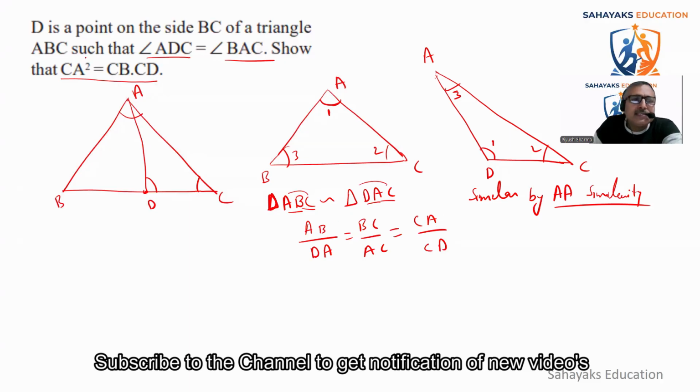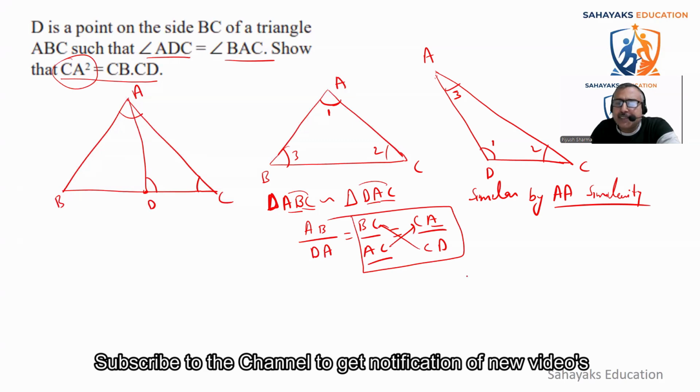Now we need CA square. So CA here and CA here. So I'm going to take these two and cross multiply. When we cross multiply, it becomes CA square is equal to BC into CD. And we have to prove the same thing. It is written CB into CD. We have to say BC into CD. Okay, so this is the same. So this is proved.